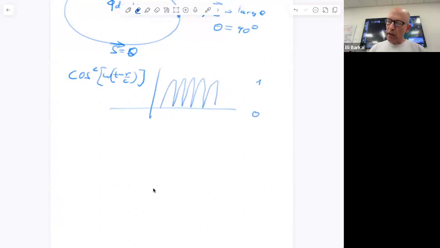And then in most circumstances, but not all, what you do is you take the average. It's an average over some periods, many periods, let's say. So the average over a period, over time, of cosine squared omega t minus r over c.